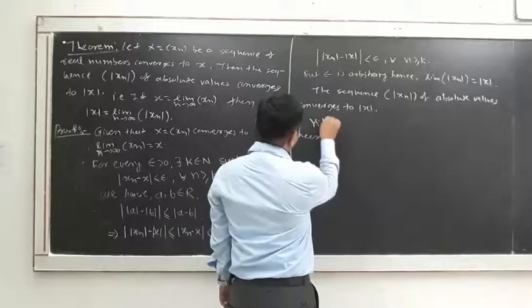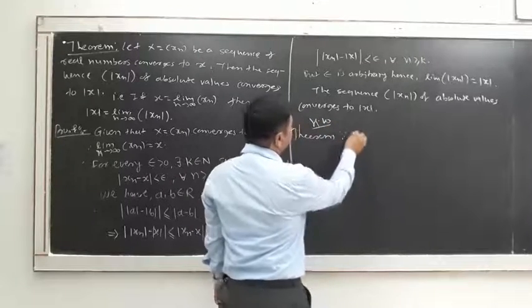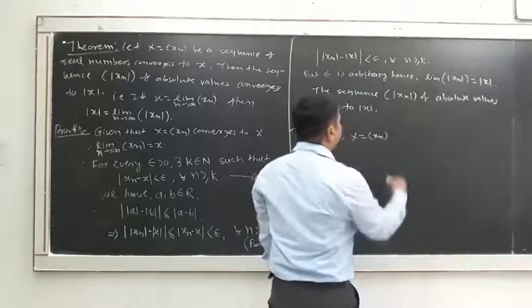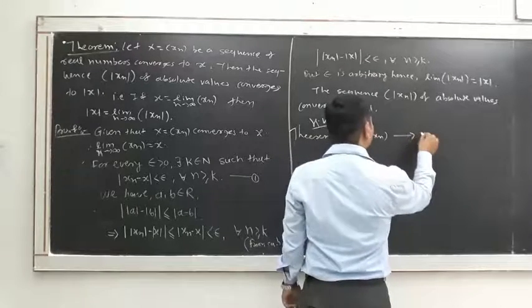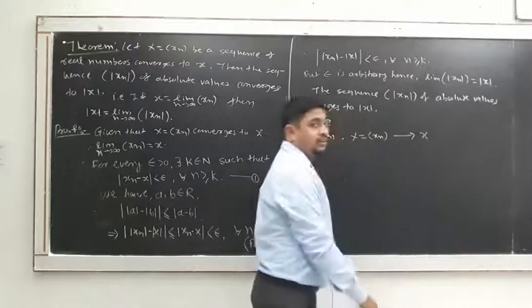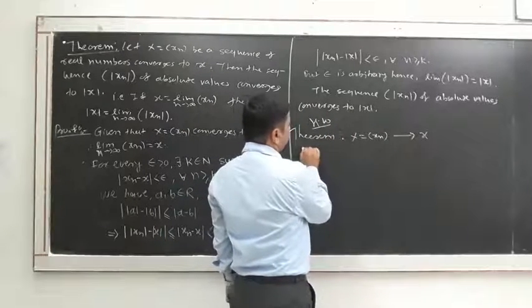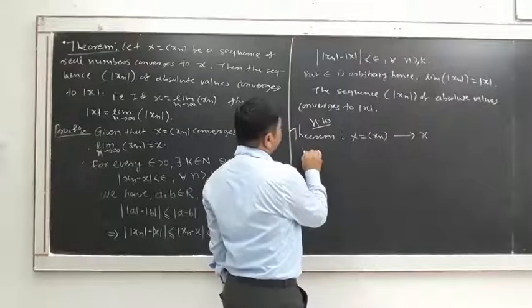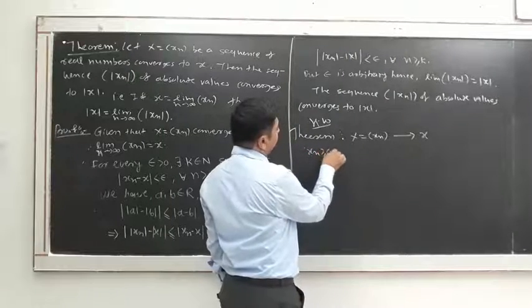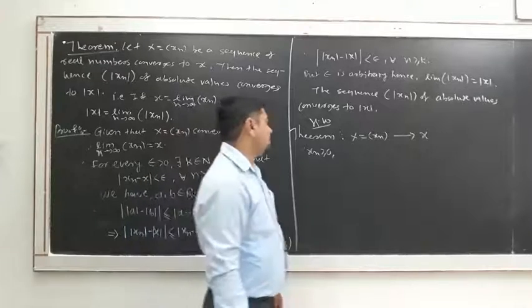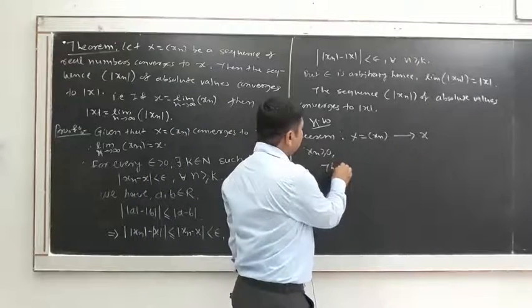Similarly, you can prove one theorem; this is for homework. Suppose X = (xn) is a sequence of real numbers that converges to x, and xn is greater than or equal to 0, that is, a sequence of non-negative numbers.